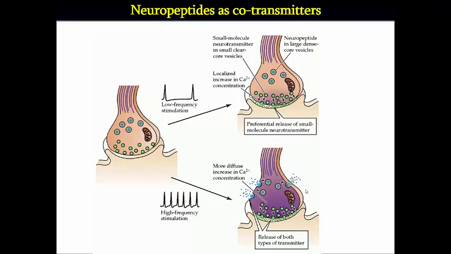And to add to this, we should also appreciate the fact that most neurons we usually consider as monotransmitters. I mean, we may say that this neuron is a glutamatergic neuron, so it would mean that it releases glutamate, and so most likely it is an excitatory neuron, as opposed to some GABAergic neuron, which would correspondingly be an inhibitory neuron.